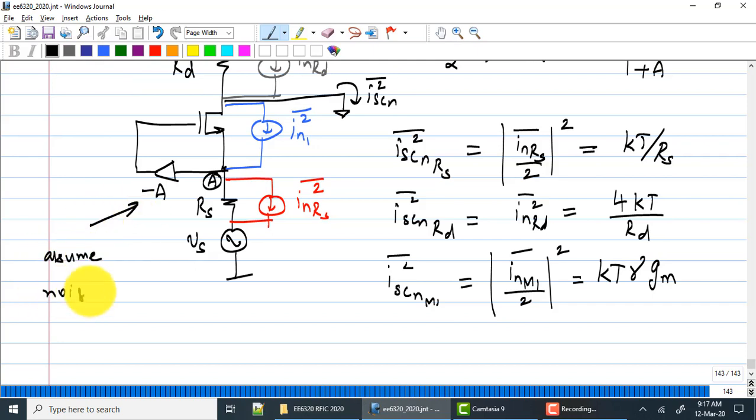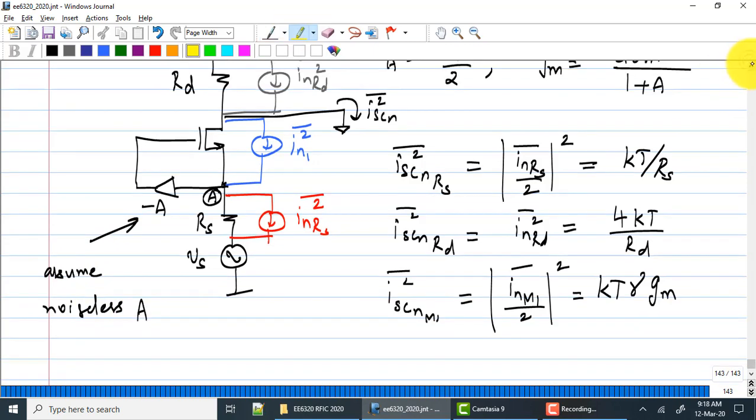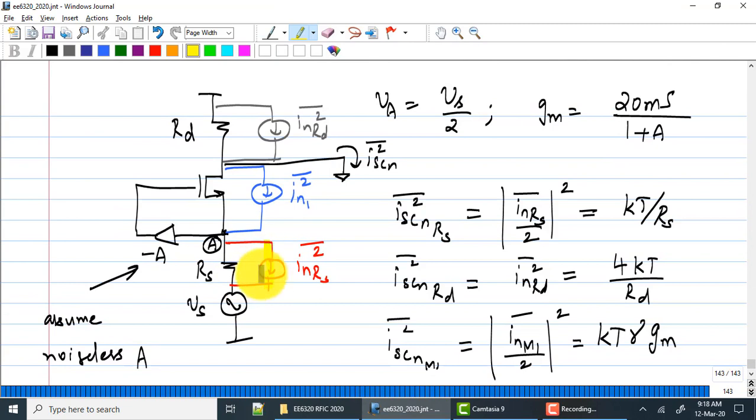Okay, so noise from RS: this current has two paths to split, one back through RS itself, the other going into the circuit. Half the current will flow through the circuit and out into the short circuit. This will of course be correlated noise, so you have to work with amplitudes. So it will be (IN,RS by 2) the whole squared, so it's kT by RS.